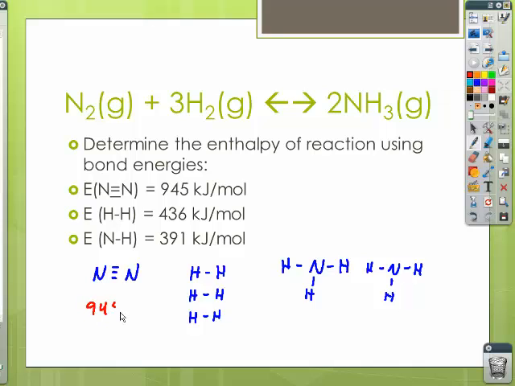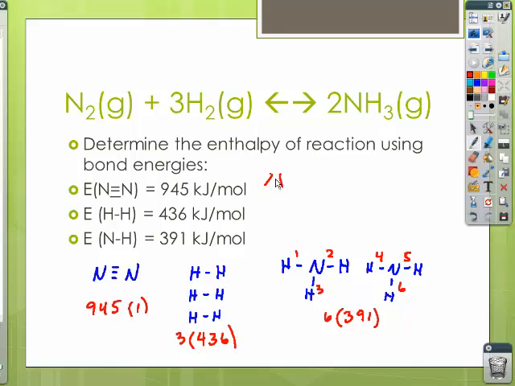So for nitrogen, it's 945. There's only one of them. Hydrogen, there are 3. So you're going to multiply 3 by 436. And in ammonia, there are 1, 2, 3, 4, 5, and 6 bonds. So it'd be 6 times 391.